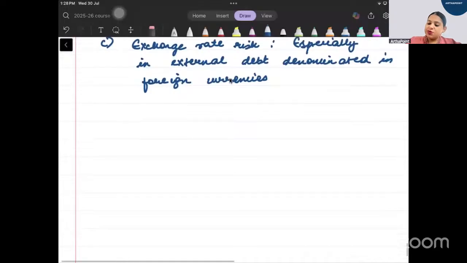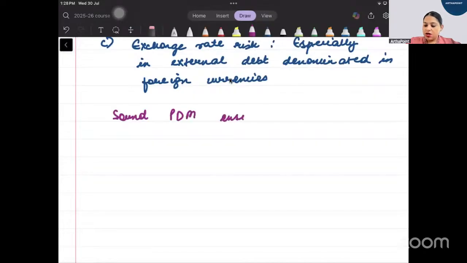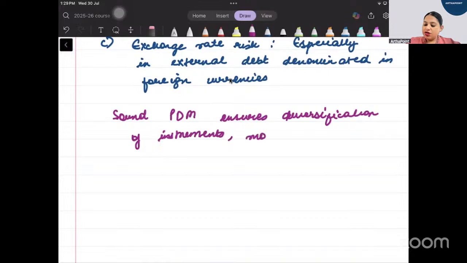Now, what this principle says, that sound public debt management ensures diversification of instruments, maturity structure, and currency composition.